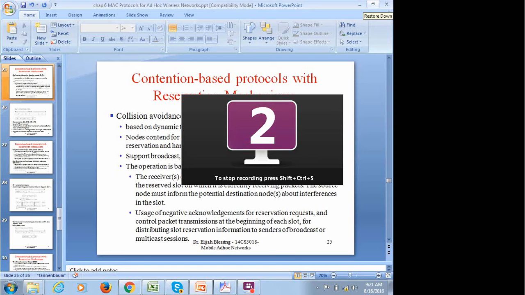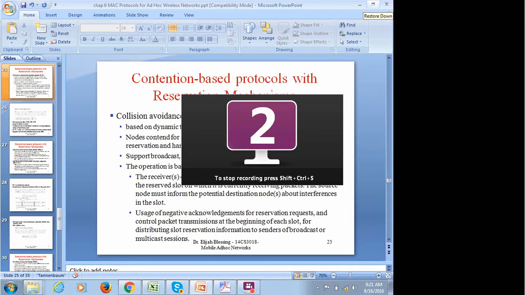So that's the objective. Okay, now what are the important principles that lie in these protocols? There are basically two principles. Number one is the receiver of the flow, or receiver nodes, must inform the source nodes about the reserved slot on which it is currently receiving the packets.